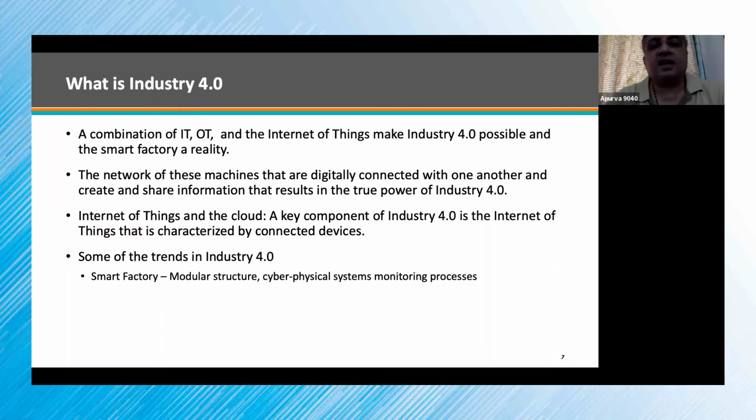Internet of Things and the cloud are key components, because they generate a lot of data, and keeping this data inside the environment, you need elasticity, which is not feasible. That's where cloud plays a bigger role, because the amount of data being generated by Internet of Things is huge. It's in terabytes and petabytes.